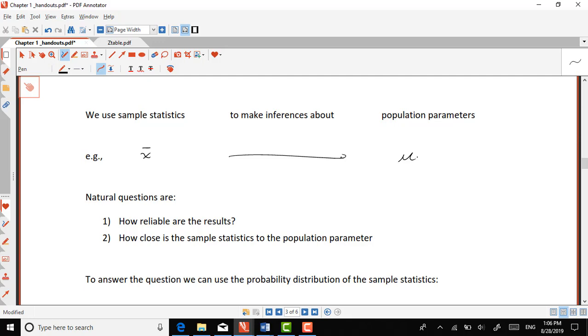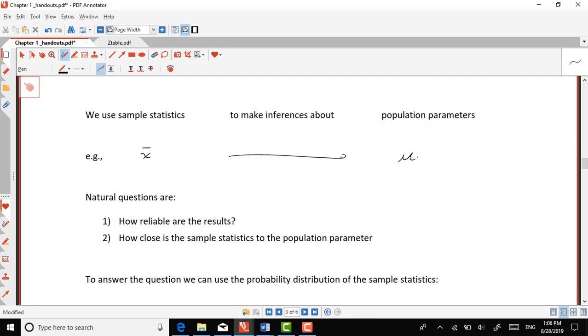So the natural question is, how close is this sample value to the true population value? Or how reliable is this sample statistic as a measure of the true population value?